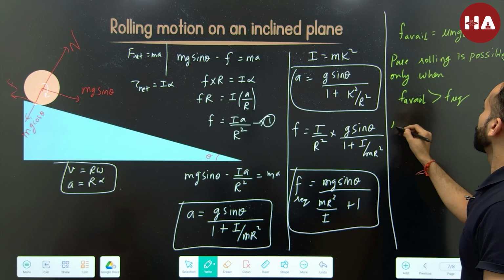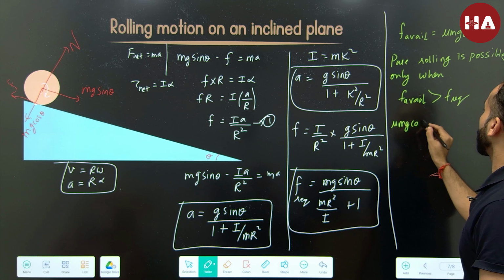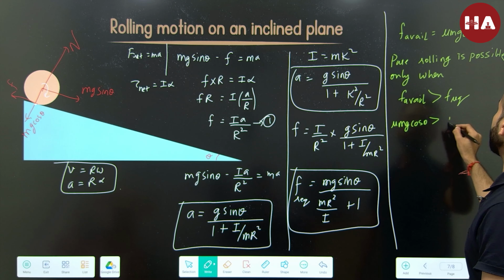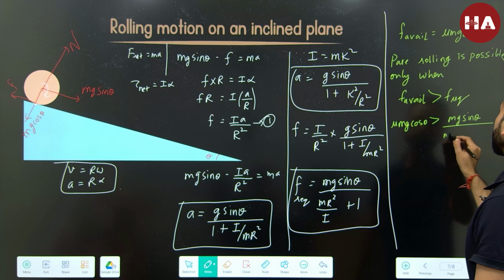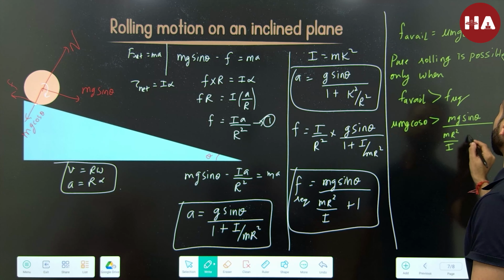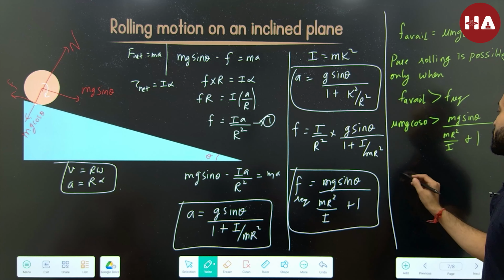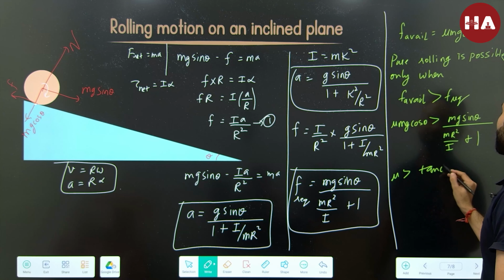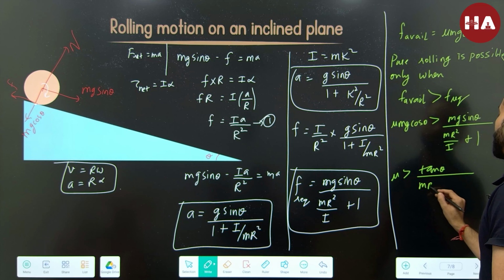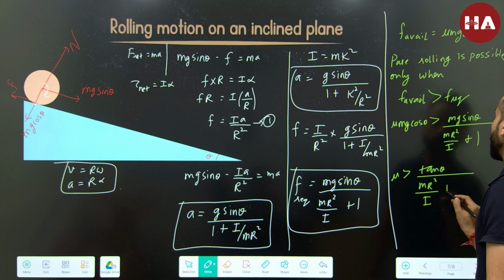So mu mg cos theta greater than mg sin theta over (mr square by I plus 1). Okay, so this gives us mu greater than tan theta over (mr square by I plus 1).